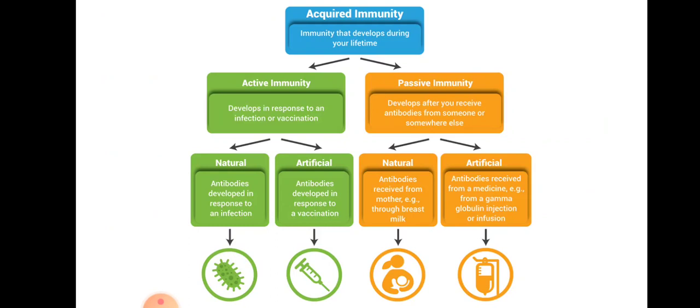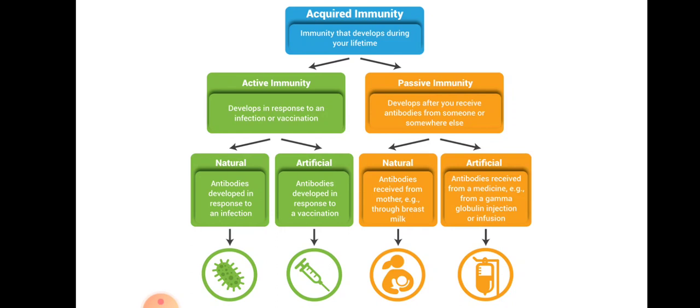Next, we have a picture here showing active immunity and passive immunity. Active immunity is again divisible into natural and artificial immunity, and passive immunity is again divisible into natural and artificial immunity.